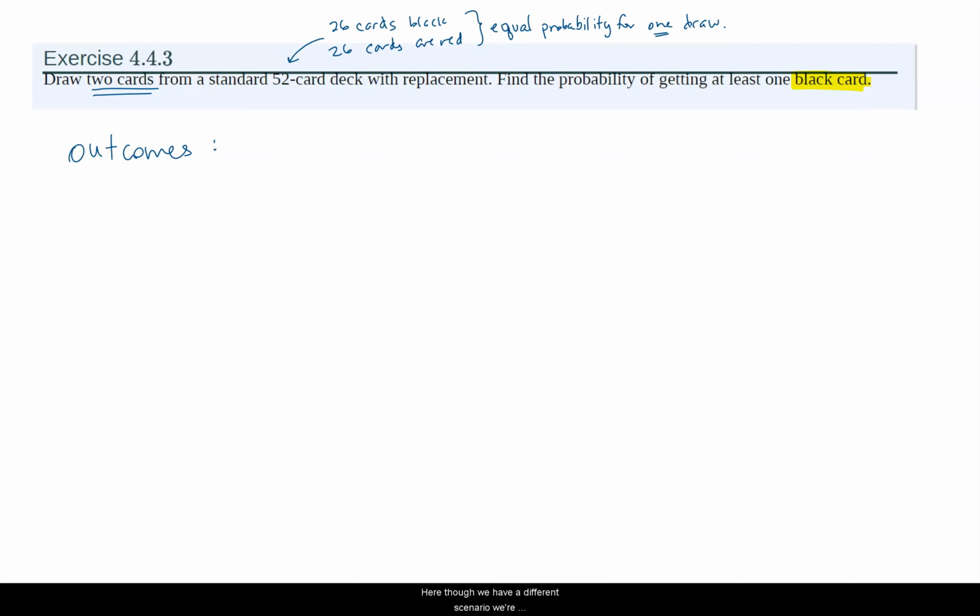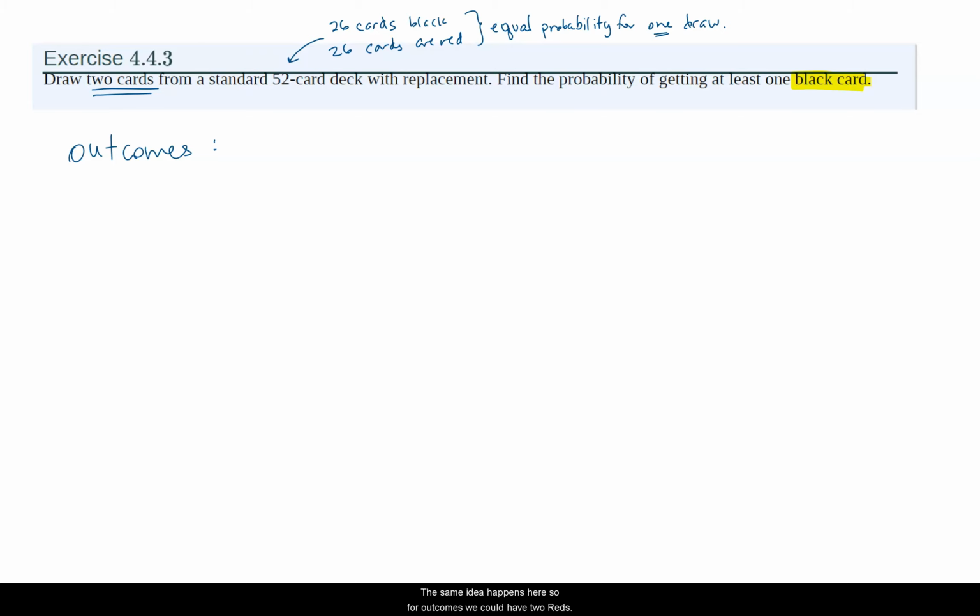Here, though, we have a different scenario. We're talking about drawing 2 cards from a standard 52 card deck. And when we draw it out, we look at it, we record what color it is, and we put it back in the deck. For our outcomes, we could write them as just 2 letters, similarly to what we were doing when we were flipping 2 coins: heads, heads, heads, tails, tails, heads, tails, tails.